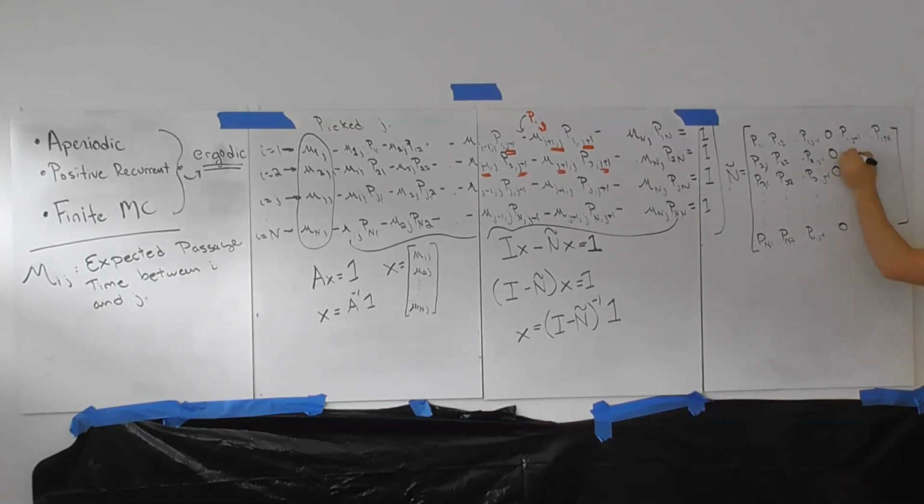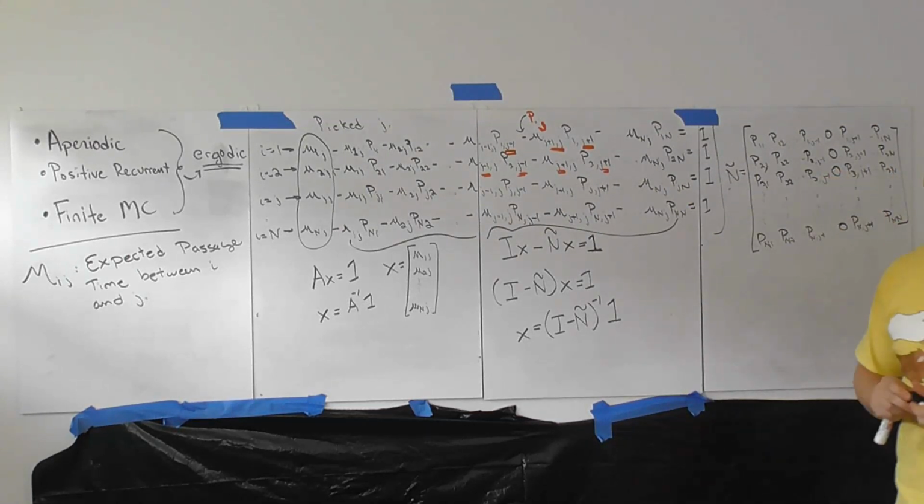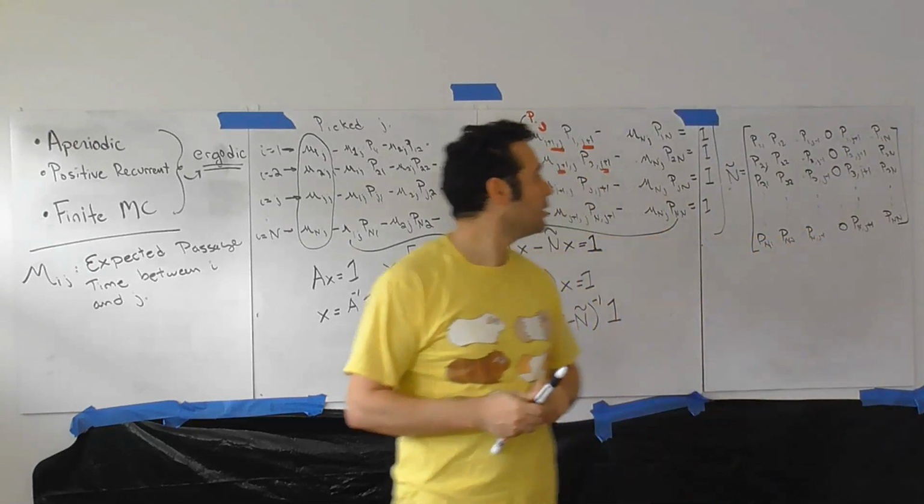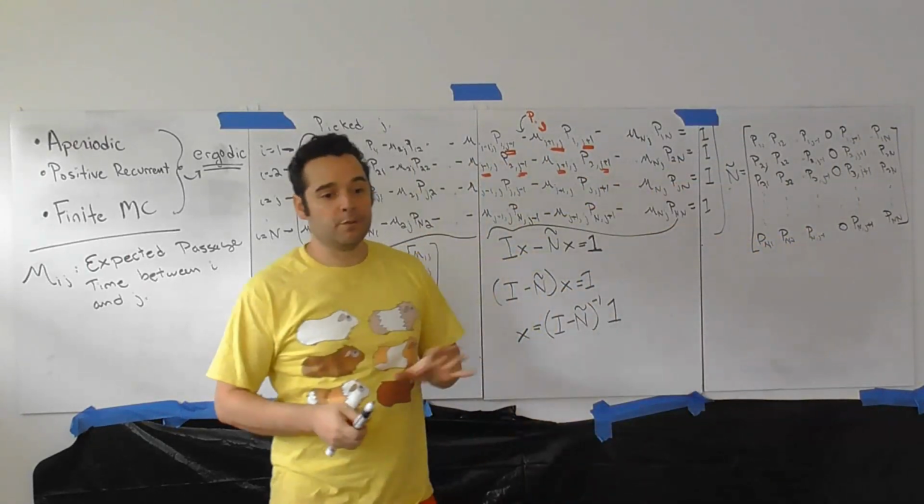And then we continue on with our P matrix where we have P2(j plus 1), P3(j plus 1), all the way to Pn(j plus 1). And then we continue with the rest of our P matrix. We're going to have P2n, P3n, Pnn.